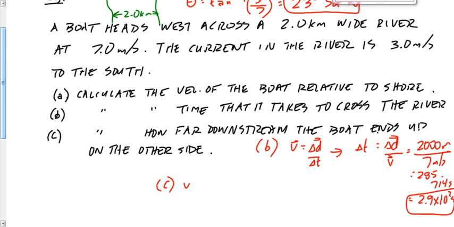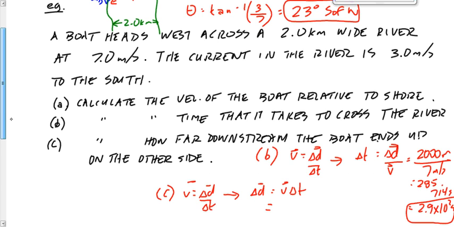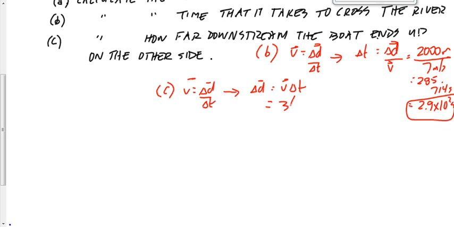Once again, constant velocity, displacement over time. But this time, we're looking at the component of the velocity in another dimension, another direction here. Since we're looking for how far downstream, the velocity will be 3 meters per second times a time of 285.714.